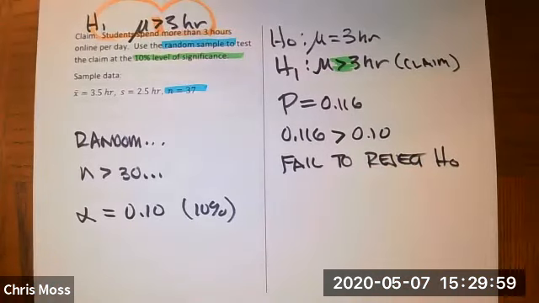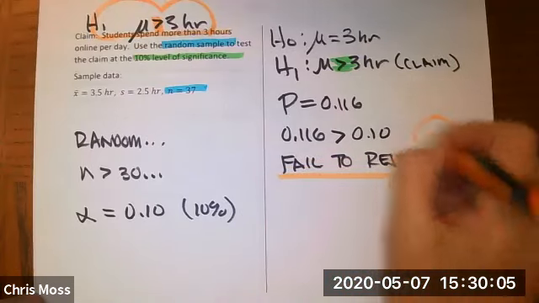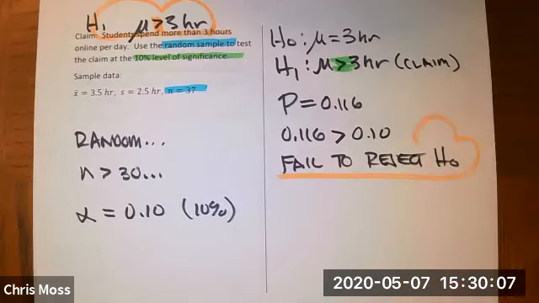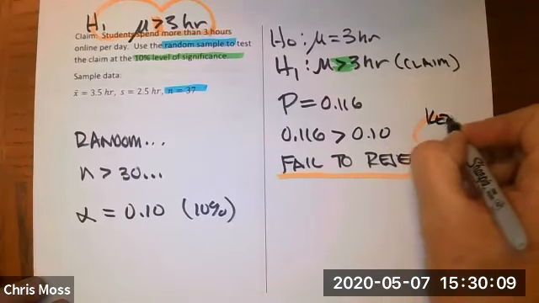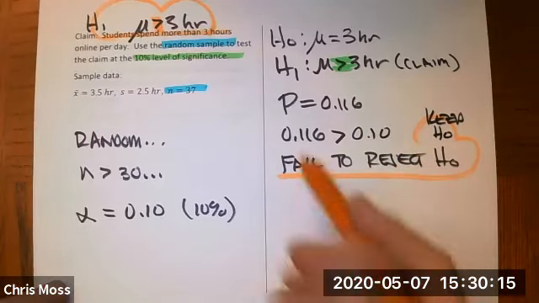What does that mean at the end of the day? At the end of the day, we're going to go ahead and keep the null hypothesis. Why? It was a fail to reject.